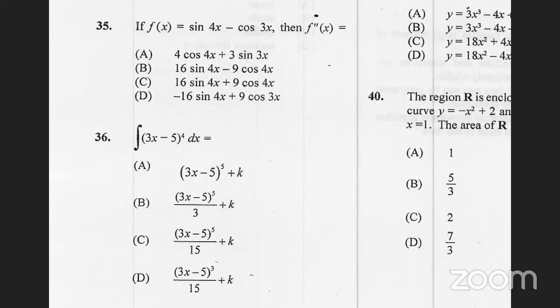This one here, sine 4x minus cos 3x, the second differential. First differential will be 4 cos 4x plus 3 sine 3x, right? That's the first differential. Second differential now, that would be minus 16 sine 4x plus 9 sine 3x.